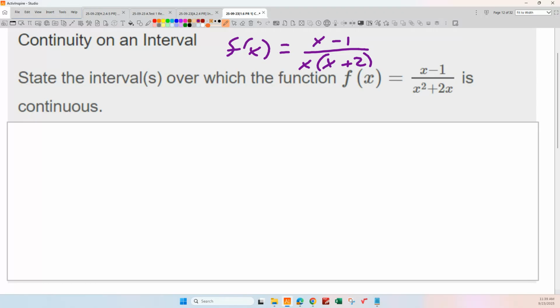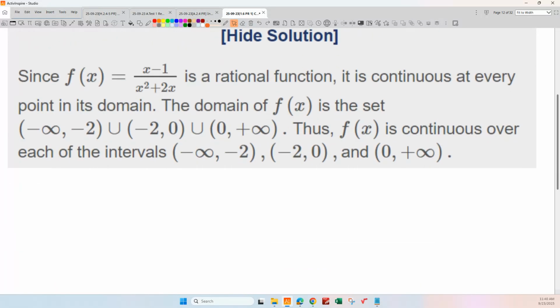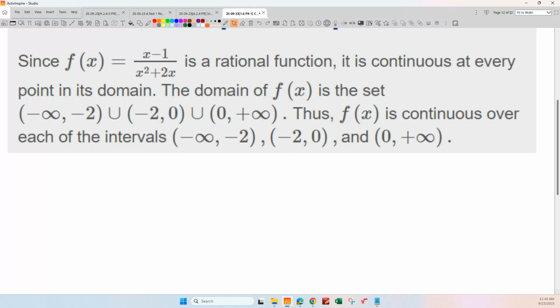So where would this function be undefined? 0 and negative 2, right? So therefore, where is it going to be continuous? Everywhere except those places. Okay, everywhere, but I've got to omit those points. What's an easier way to write that? X does not equal negative 2 or 0.